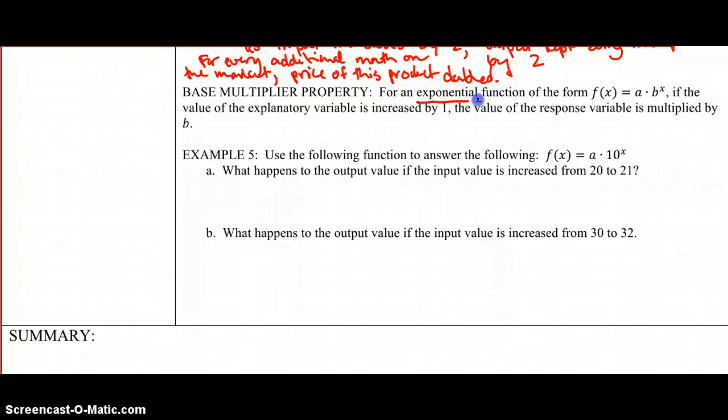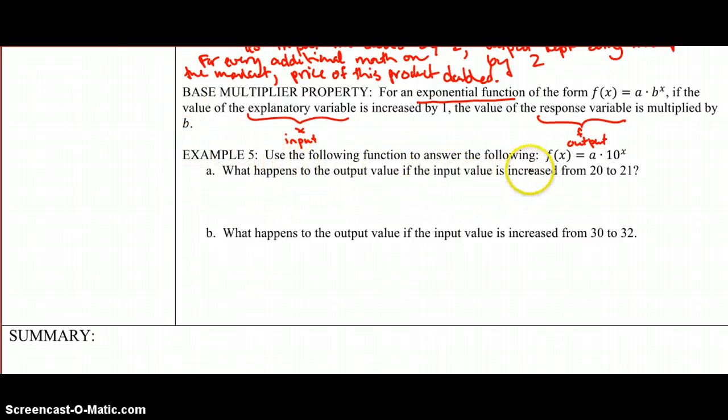So for an exponential function, so not linear and not the quadratic ones that we've already looked at, of the form a times b to the x, if the value of the explanatory variable increases by 1, and in this case our explanatory variable is x, in an input-output table it is always the input, so if the inputs increase by 1, the value of the response variable, so the output, which in this case is f, and in the table it is our output column, is multiplied by b. And we saw that happen in the table above.